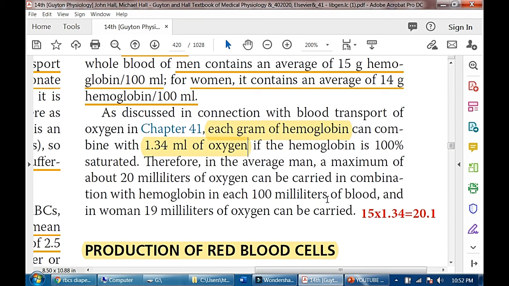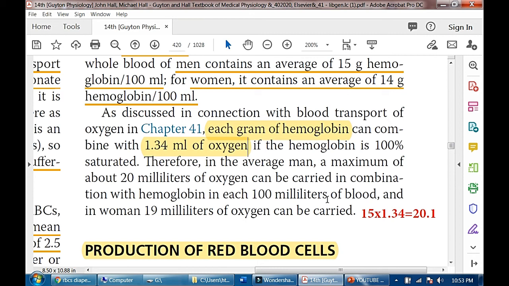So in that case, 1 gram hemoglobin combines with 1.34 ml of oxygen. So what does it mean? We already discussed that 15 gram hemoglobin is present in 100 ml of blood.